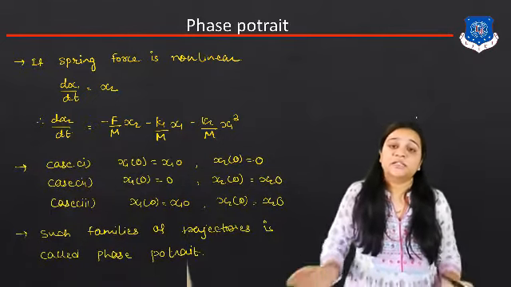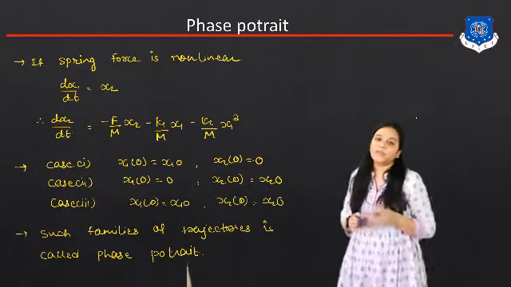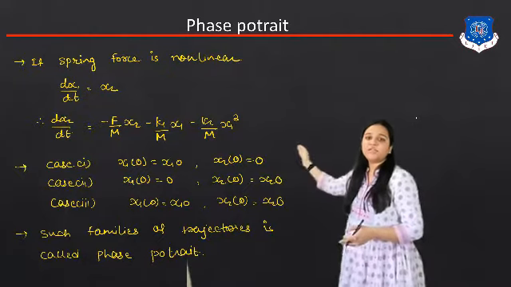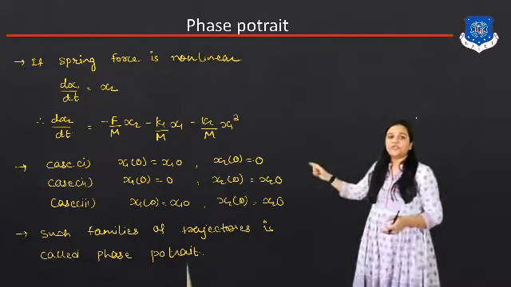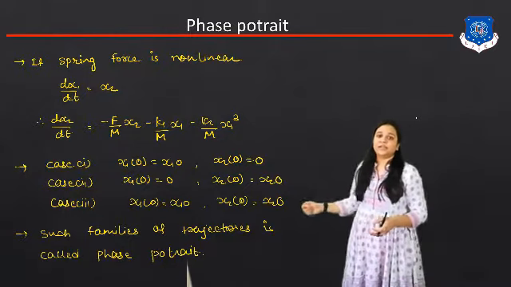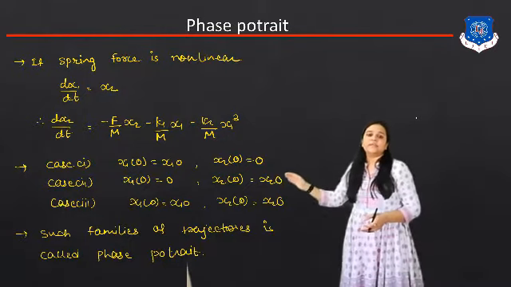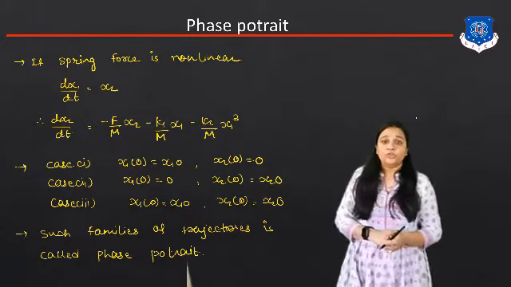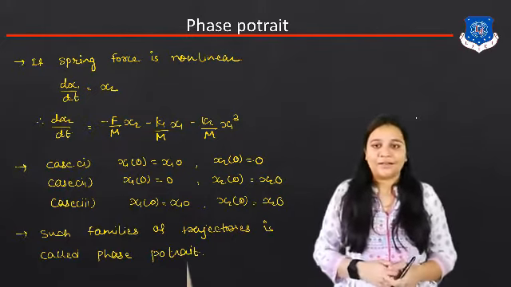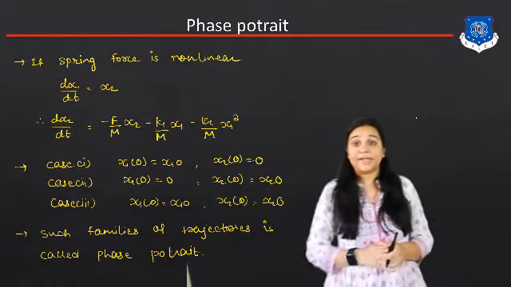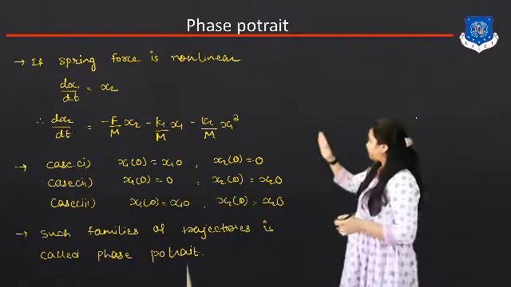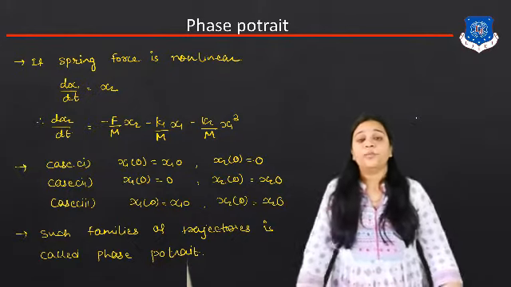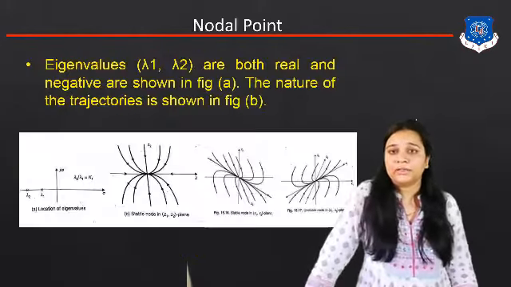So in case 1, x1 of 0 is equal to 0, x2 of 0 is equal to 0; in case 2, x1 of 0 is equal to 0, x2 of 0 is equal to x2 of 0; and in case 3, x1 of 0 is equal to x1 of 0 and x2 of 0 is equal to x2 of 0. Such a family of trajectories is called the phase portrait. So depending upon the spring, we define three cases of the non-linear mechanical system.